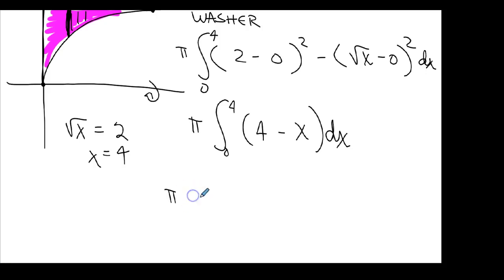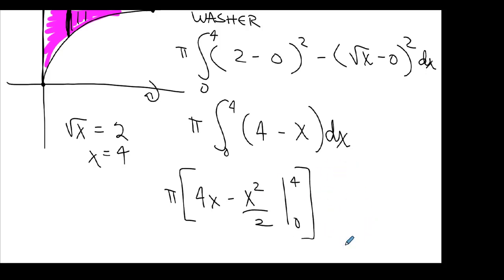So then you have 4x minus x squared over 2 from 0 to 4. And when you put in 4, you have 16 minus 16 over 2. And when you put in 0, you get 0. So the answer should be 8 pi.